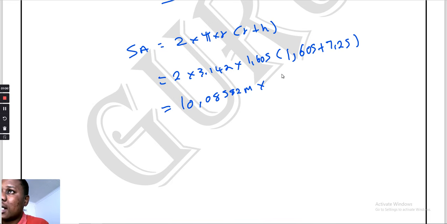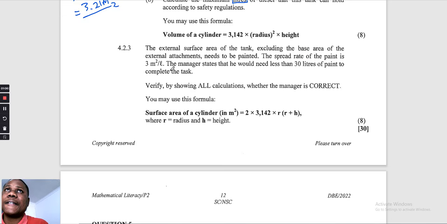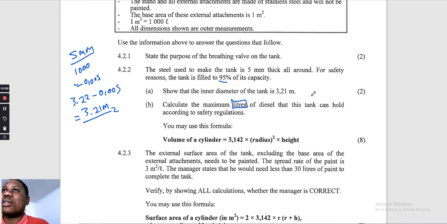That gives us 8.855 meters. Yes, those were in meters.